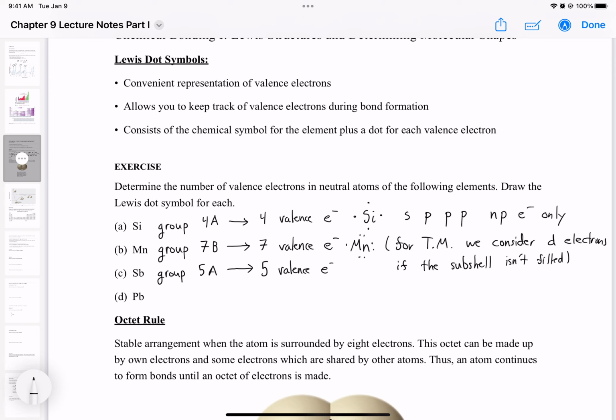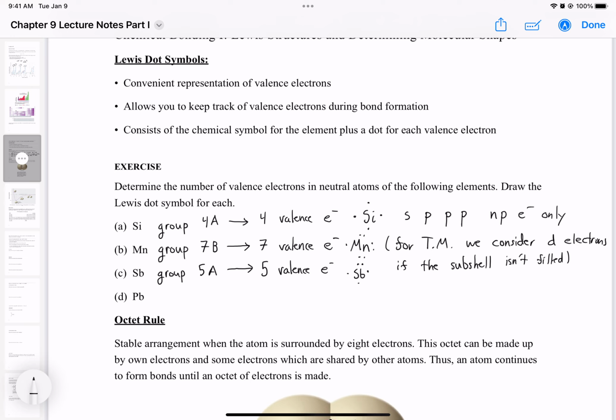In antimony, we will have 5 electrons: 1, 2, 3, 4, and then we pair 1 electron. And we see here that antimony will want to get 3 more electrons to be stable.